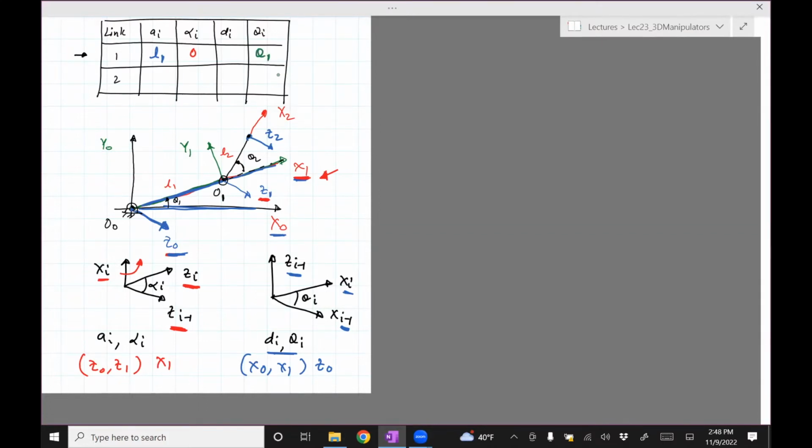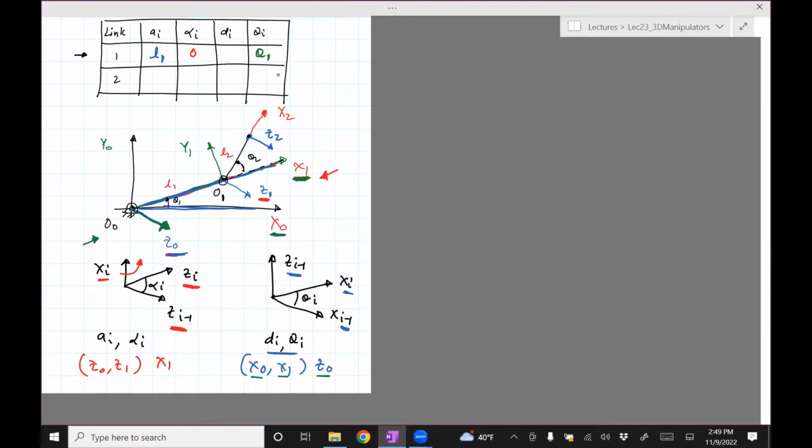And then the distance between x0 and x1 about z0. When you look at it this way, if x0 and x1 are offset, then they will have a non-zero distance.